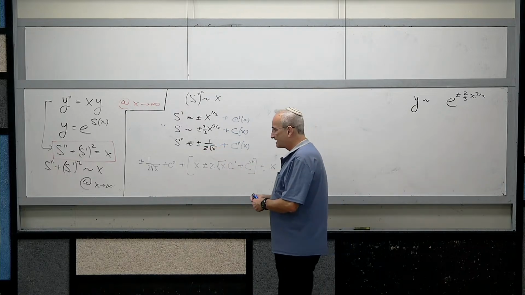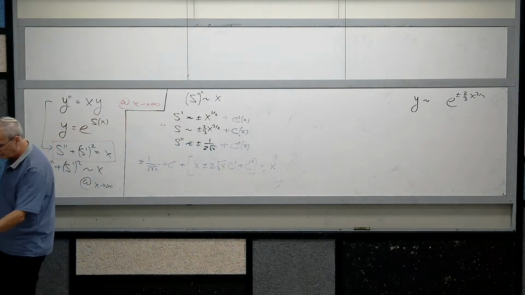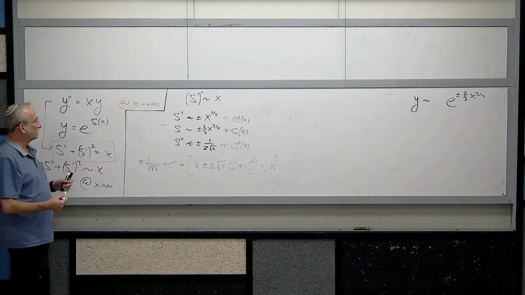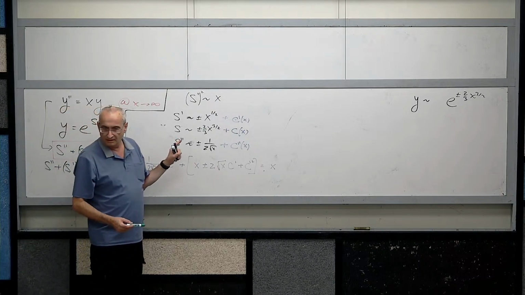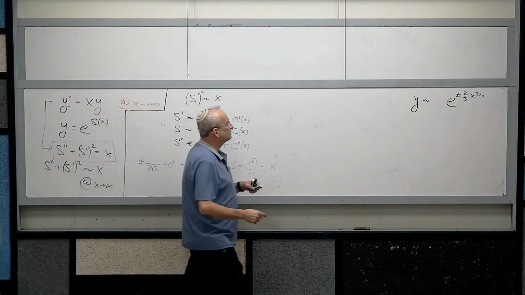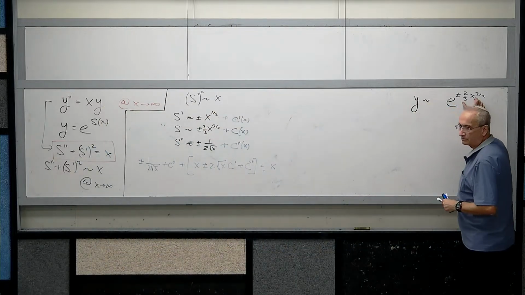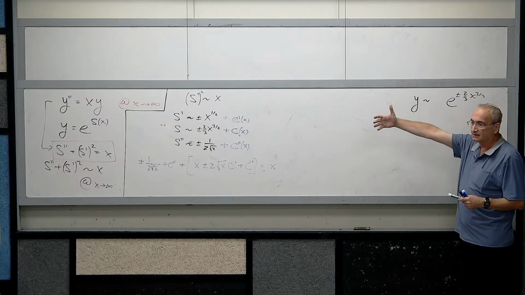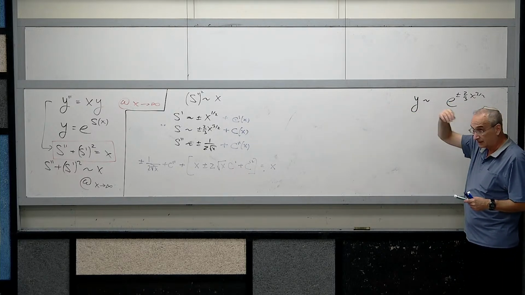Okay, what can I say now? Can you explain again what exactly are you trying to do? I'm trying to calculate the next correction. Yeah, but why? This is the controlling factor, right? But of course, this is only the leading term as x goes to infinity, right?